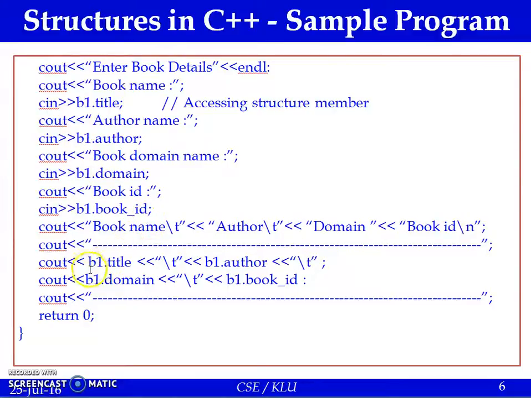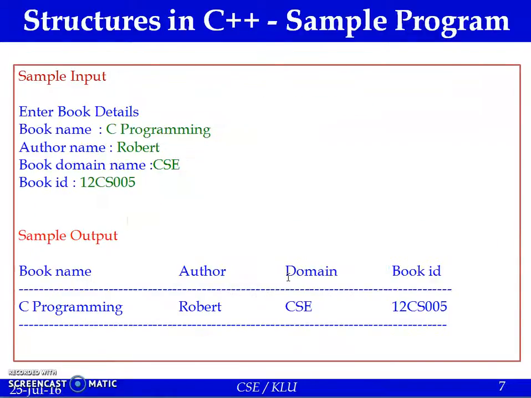Like that, for displaying the values: B1 dot title, B1 dot author, B1 dot domain, B1 dot book ID. So if you want to access the members of your structure, use the dot operator along with the structure variable name. And this is a sample input for book name. If you give C programming, author name Robert, domain name CSE, book ID. And the sample output will be like this.